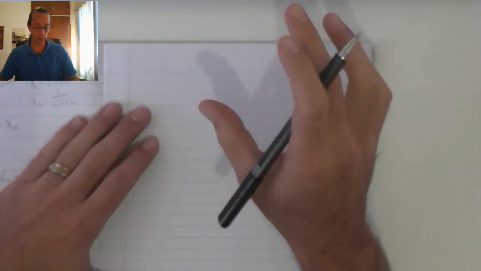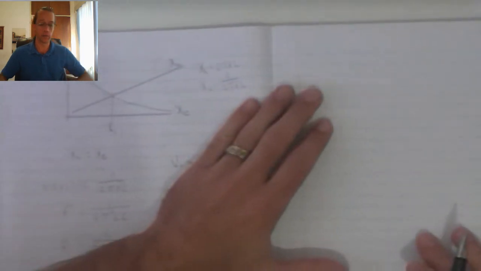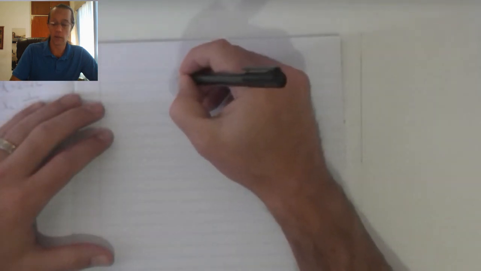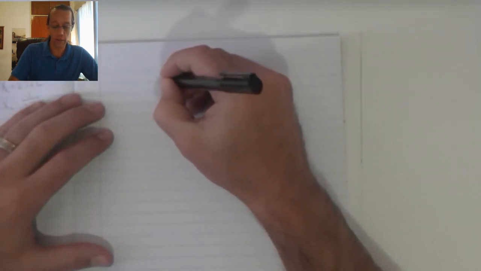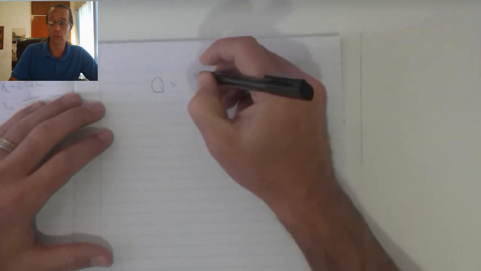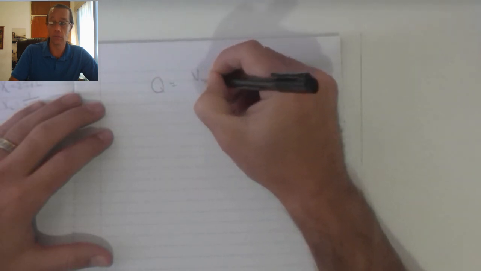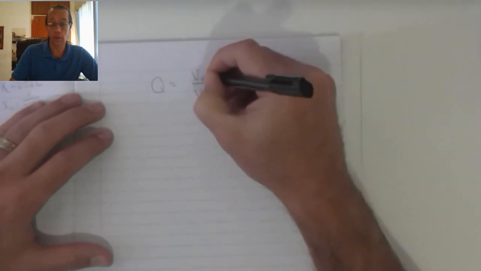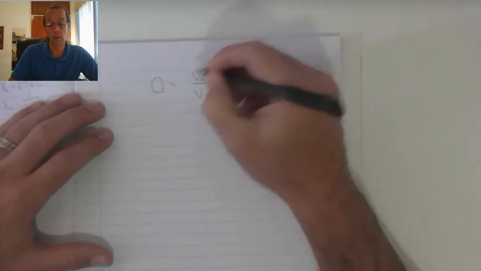The Q point calculations we use to determine that 70.7% level. Now the calculation that we use is we say that Q is equal to VL over V total.